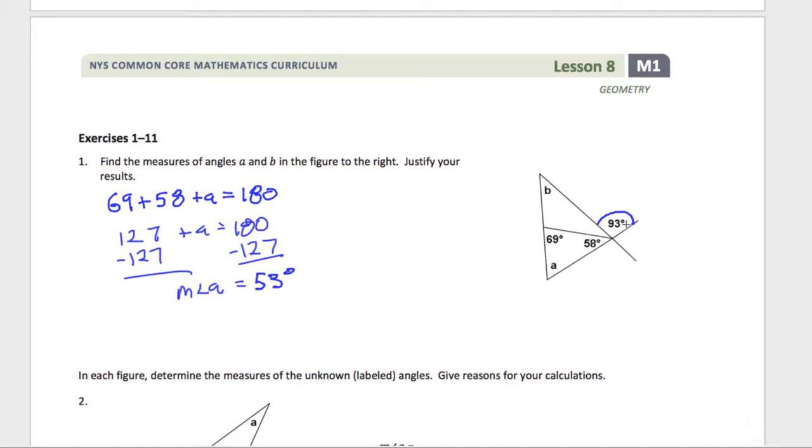So A plus B is equal to 93. So 53, that was our A, plus B is equal to 93. Subtract 53 from both sides, and B is equal to 40 degrees. I should also change this to the measure of angle B is equal to 40 degrees. Cool.